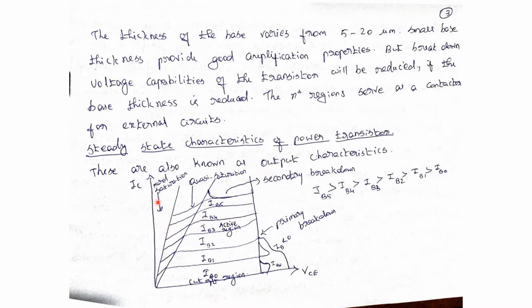Then this part is known as the hard saturation region. So there are four regions: cutoff region, active region, quasi-saturation region, and hard saturation region. Quasi-saturation region means it is in between the hard saturation and active region, so it is known as quasi-saturation region.